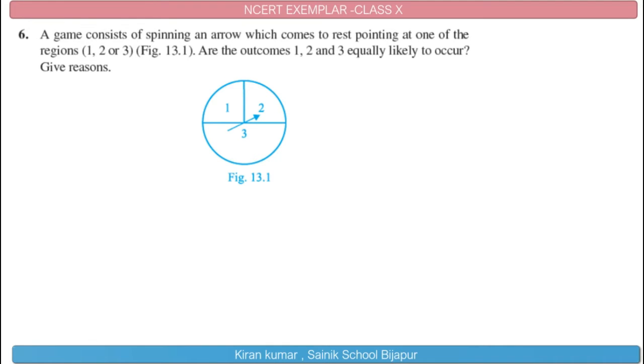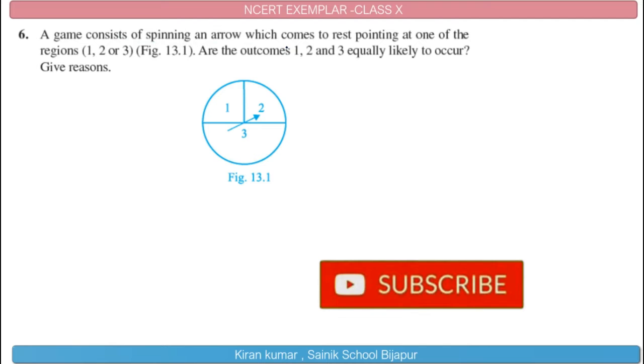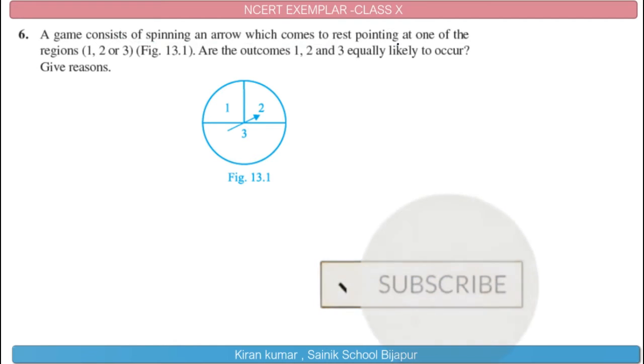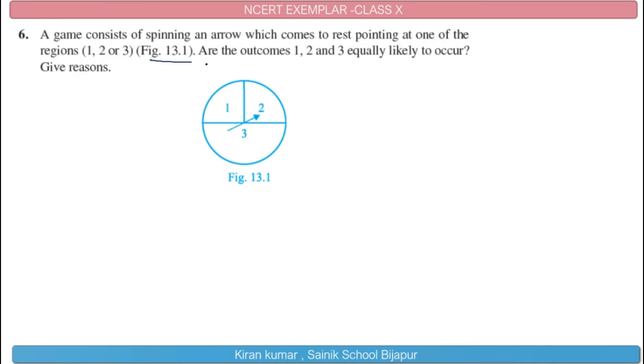Question 6. A game consists of spinning an arrow which comes to rest pointing at one of the regions 1, 2 or 3 as shown in the figure 13.1. Are the outcomes 1, 2 and 3 equally likely to occur?